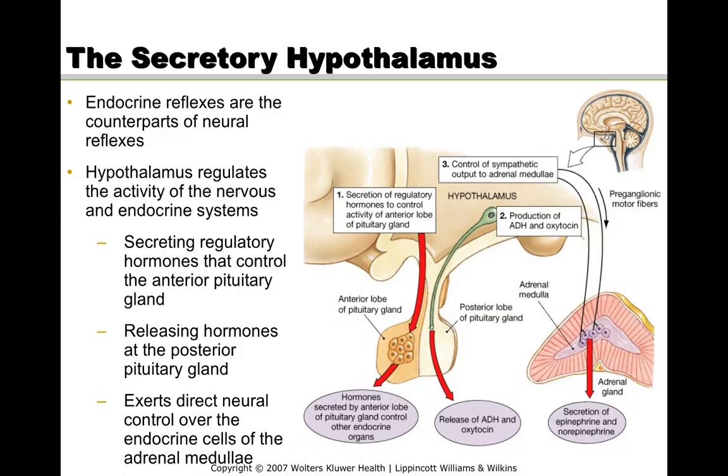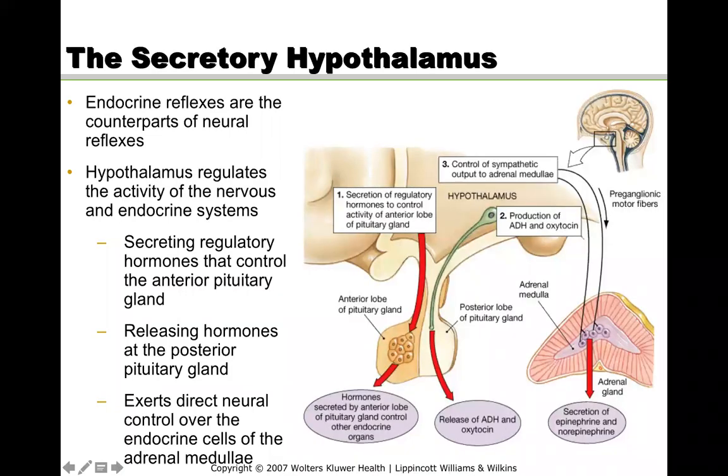The posterior pituitary, on the other hand, works a different way. There are hormones produced in the neurons of the hypothalamus, which are transported, and in the posterior pituitary they remain stored. There are two hormones. One is called oxytocin, and the other is known as antidiuretic hormone.